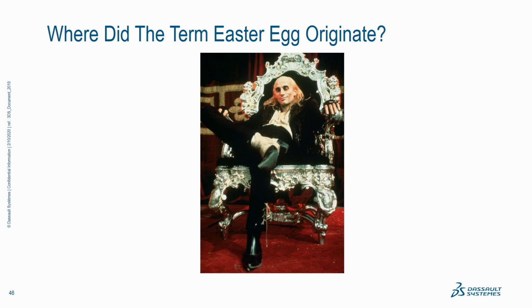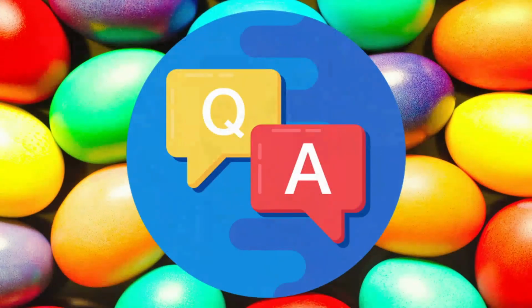And who here finds every single Easter egg in an Easter egg hunt? I know that doesn't happen in my family. Well, underneath the chair here, you can see that there's an Easter egg, and if you look at other parts of the movie, you can see Easter eggs hidden throughout the set, and that's where the term Easter egg was coined.